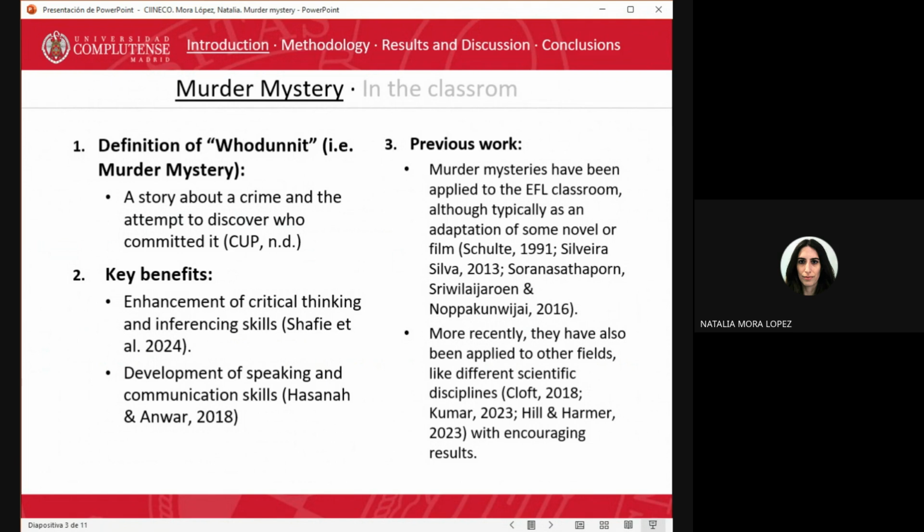They didn't try to introduce a novel in the classroom, but they took real cases, real life, true stories, and they tried to put that situation in the classroom so that they had to solve the problem. So this is related to problem solving skills and to problem-based learning too.